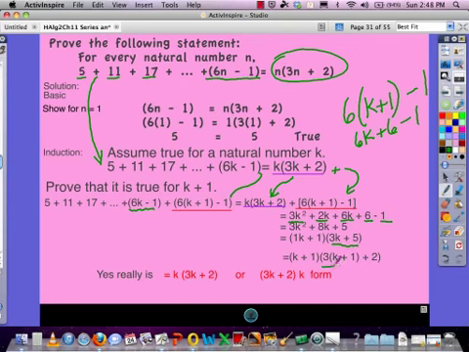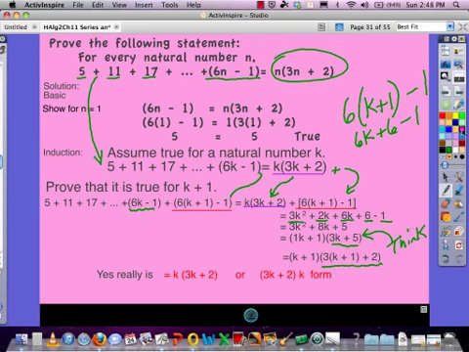This breaking up step is the hardest one for you to do, going from here to here. You got this answer, but now you have to think and say, well, how is that related back to that k plus 2 look that we were going for on our sum? So k plus 1 and 3 times k plus 1 plus 2 is truly of that same form that we had above.